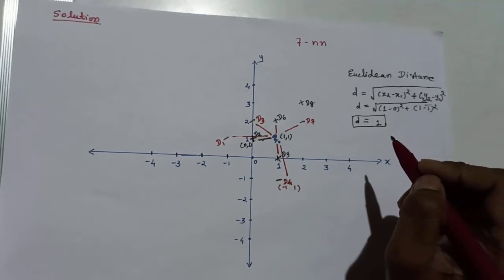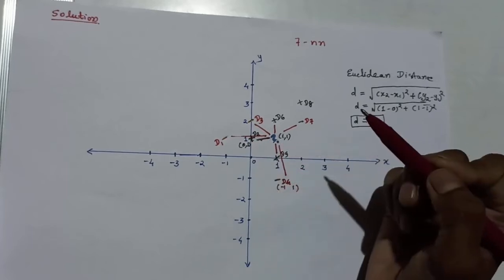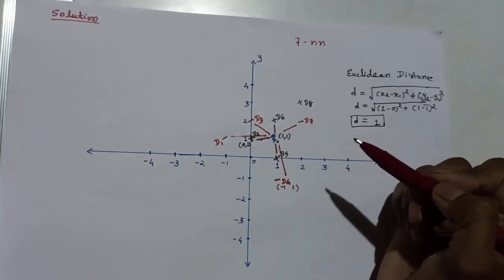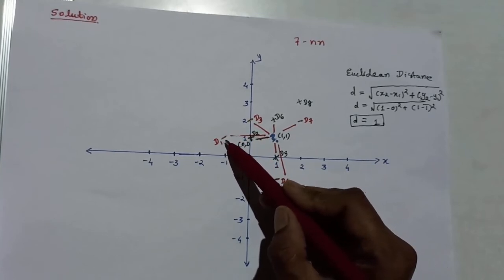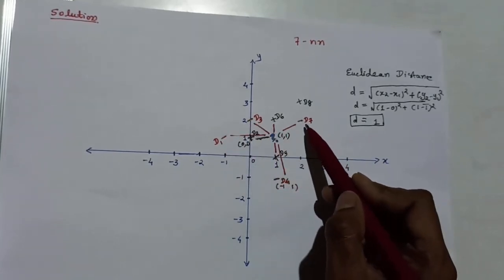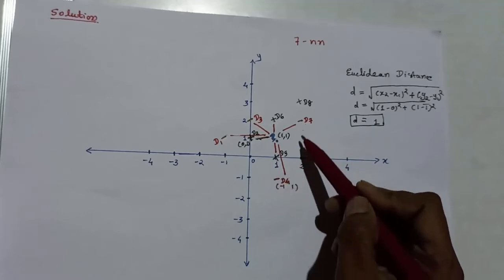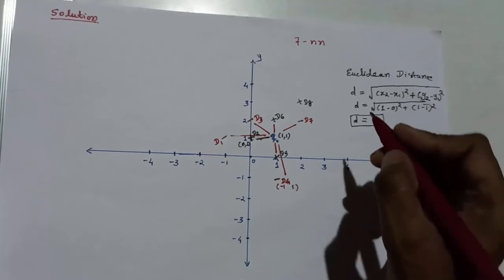Once we find the nearest ones, we check how many belong to the positive and how many belong to the negative class. In this case, D1 is negative, D3 is negative, D7 is negative, and D4. So out of 7, 4 are negative and only 3 are positive.